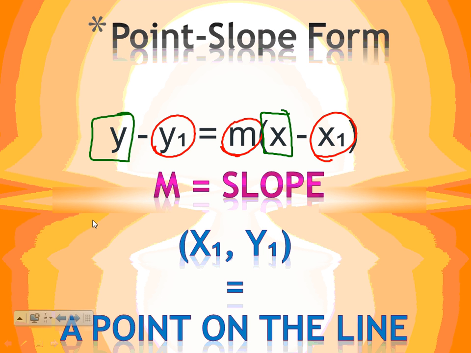If you take a point and you plug the x in here and you plug the y in there and you work the two sides out, the two sides will be balanced. So the green x and y will stay x and y. Those will be your solutions or your answers. Okay? And then you're going to plug in the point you know here and here, and then you're going to plug in the slope there. Okay? Any questions on that?